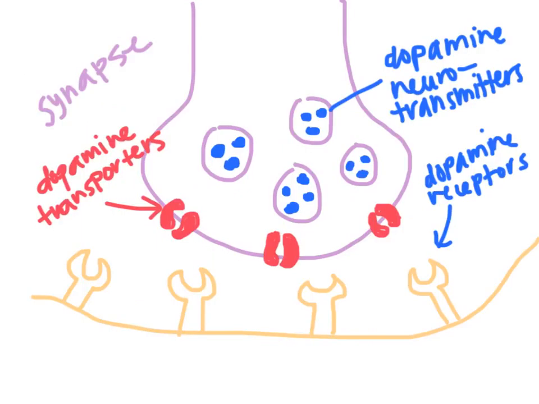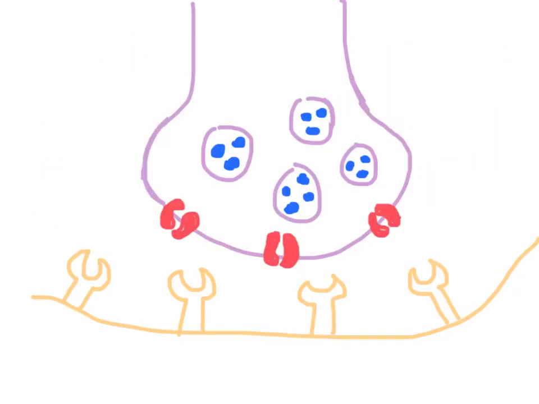Now let's see the synapse in action. For example, dopamine. The dopamine will travel from the axon to the axon terminal, and these dopamine neurotransmitters will be released out through the dopamine transporters into the synaptic gap.